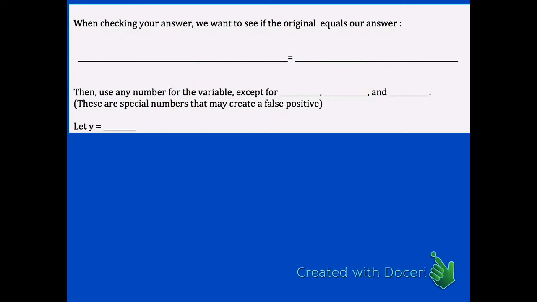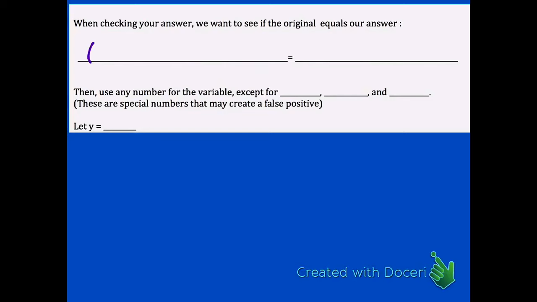So when you're checking, we want to see if the original problem matches, or is equivalent to, our answer. To do that, we want to set our original problem equal to the polynomial we have as an answer.